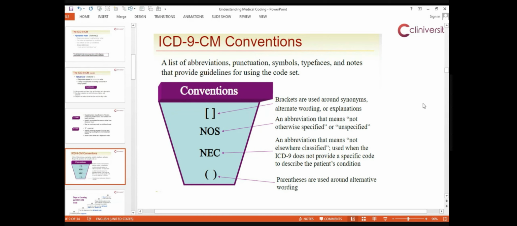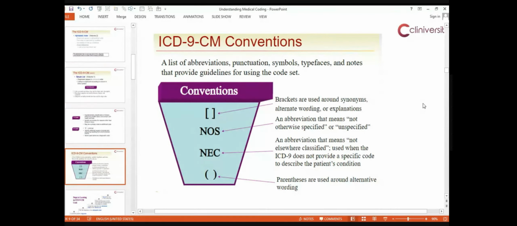These are used when ICD-9 does not provide a specific code to describe the patient's condition. So for that particular condition, there is no code in that dictionary, that is ICD-9. NOS is for when this is the final code you are looking for, and there is no other code, or there is nothing otherwise specified. That's how NOS and NEC are used.